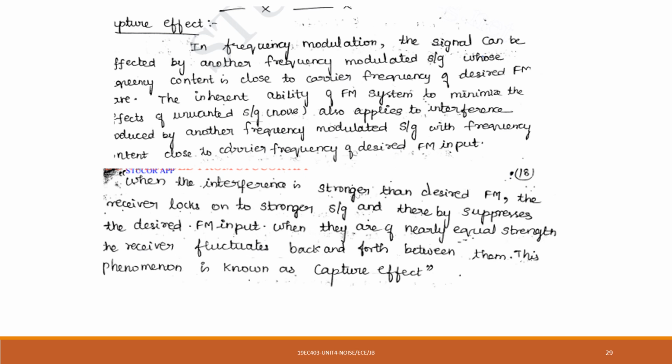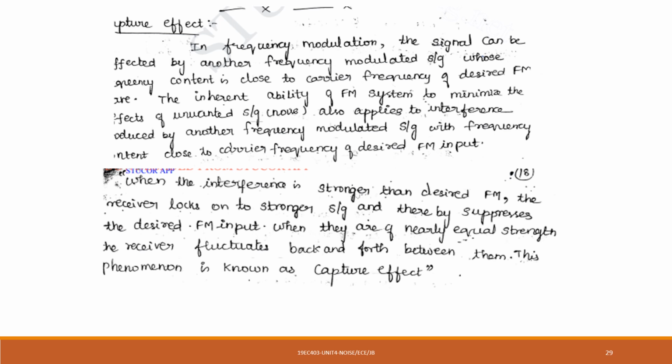So this slide represents the capture effect. In case of capture effect, we measure the effect of noise interference. Whenever the interfering signal is much stronger, our FM system locks to the stronger signal and suppresses the weaker signal.